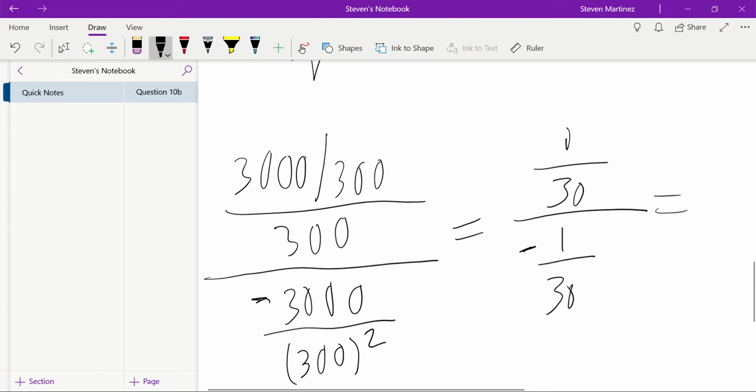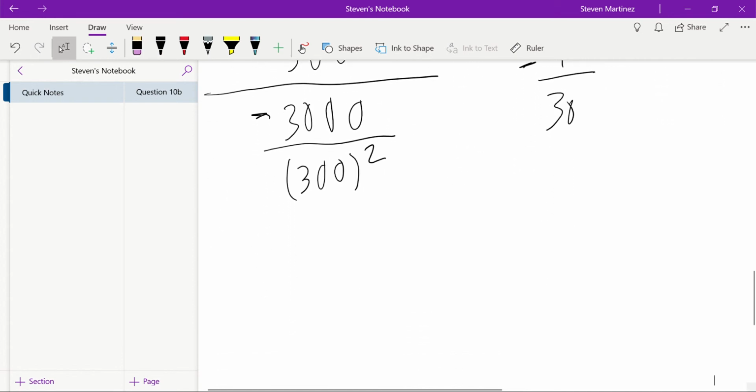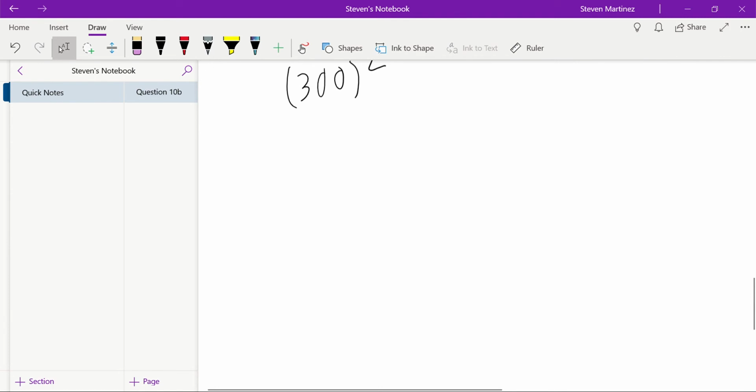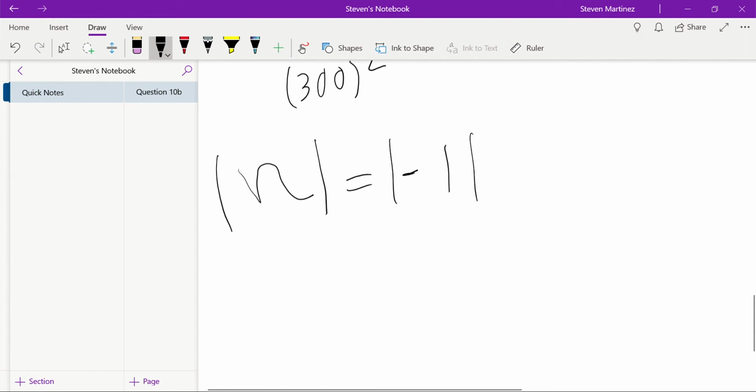That's going to give us negative 1. So now we have to find the absolute value of that to determine whether it's elastic, inelastic, or unit elastic. So the absolute value of negative 1 is obviously 1.